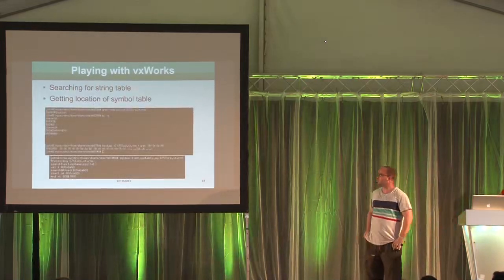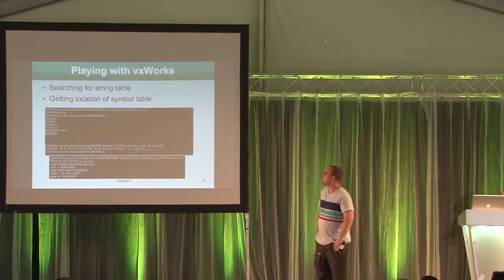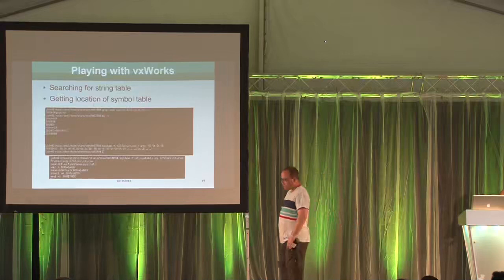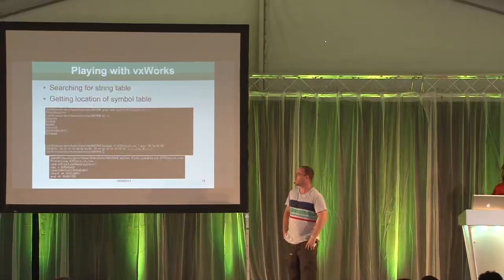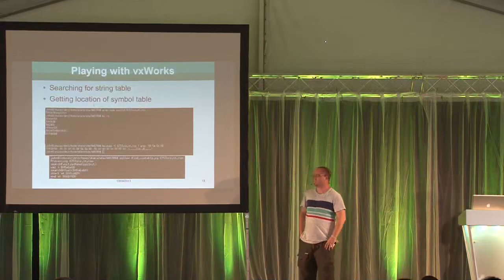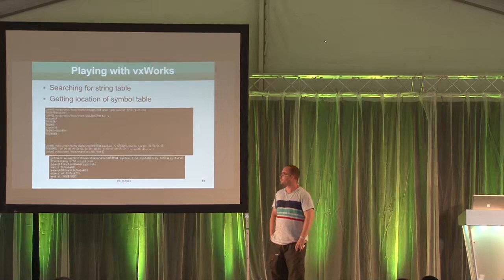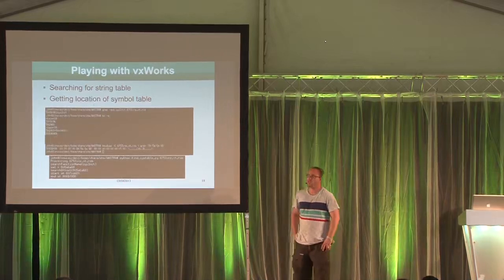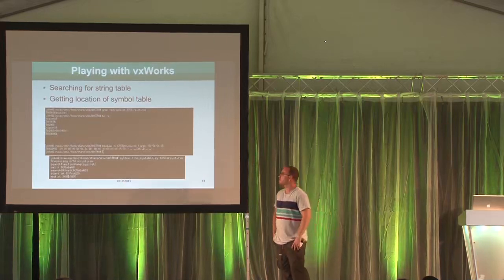For this, we will again use our command line tools. First, we try to look for a known function from VxWorks. VxWorks has one function which is sysInit. It's the main initialization function, which is called most of the time at startup. It's mapped at 0x80004000.